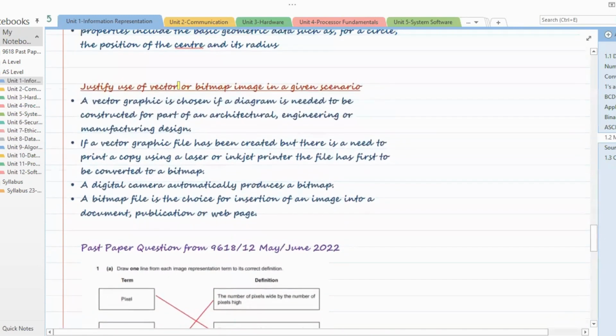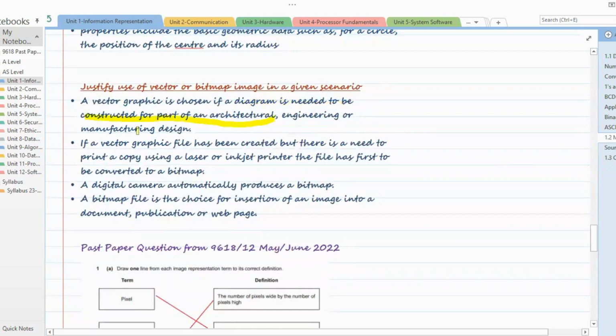Now, you also must know which type of graphics, whether vector or bitmap image, should be used in a given scenario. You should be able to justify which one is to be used in the particular scenario given. So a vector graphic is chosen if the diagram needs to be constructed for an architectural, engineering, or manufacturing design.